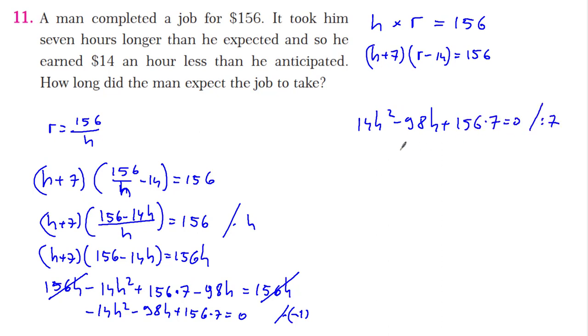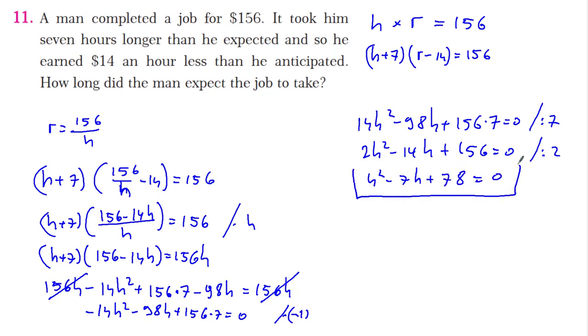We can divide by 7, and we get 2h squared plus 14h minus 156 is 0. We can also divide by 2. That means h squared plus 7h minus 78 is 0. This is a quadratic equation. You can continue the calculations.